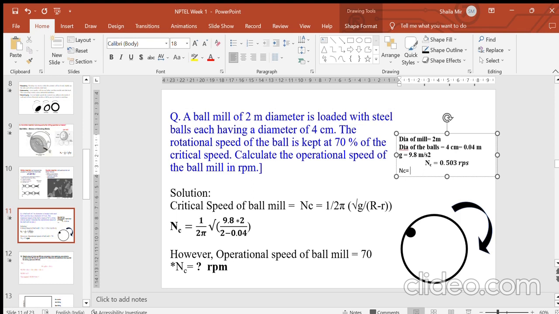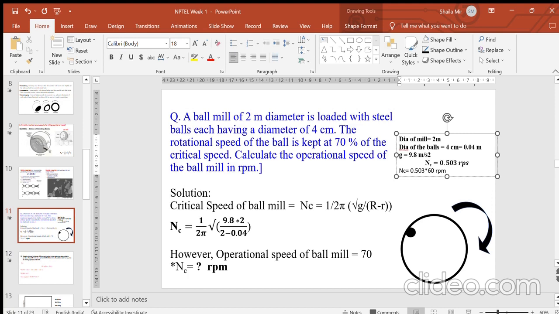You will get the critical speed as 0.503 rotations per second. For 1 second the number of rotations is 0.503, but for a minute, that is 60 seconds, the rotations will be 0.503 into 60. That will be rotations per minute.